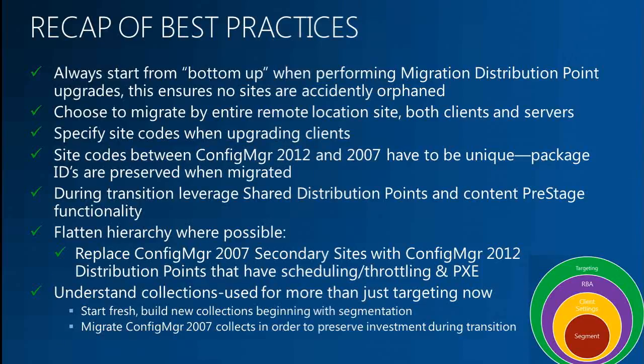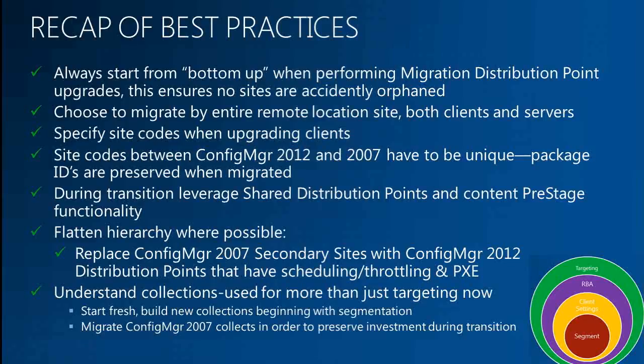Leverage pre-stage in order to augment the shared distribution points. Flatten your hierarchy. Think about secondary sites: I have 2007 with lots of secondary sites, and in 2012 you may not need DPs. And then understand collections. They're used for more than just targeting.